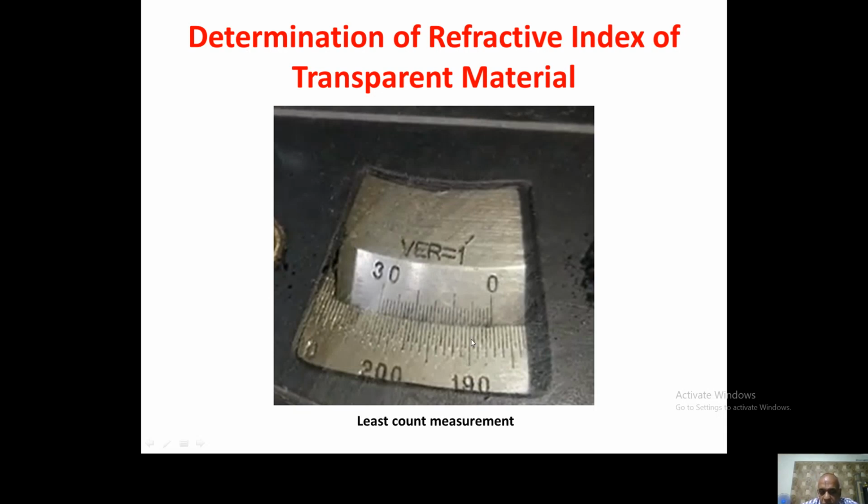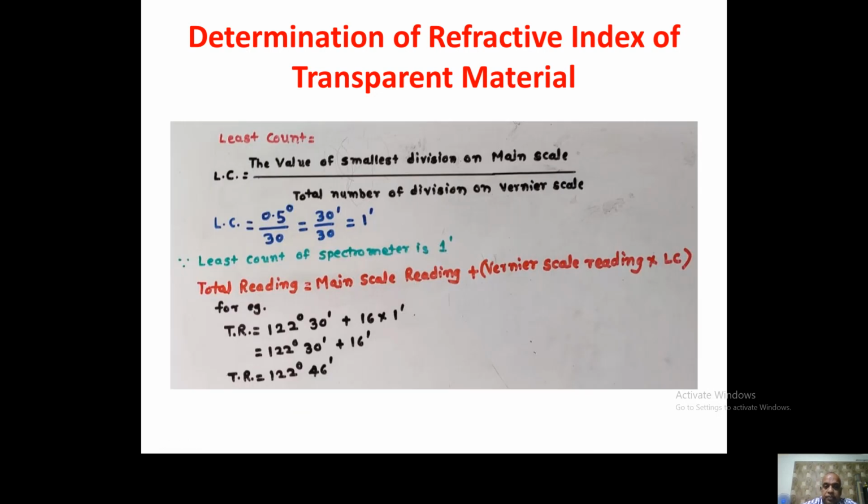Now consider the value of the smallest division on the main scale. Assume this is 190 and here it is 200. Then between 190 and 200 there are 10 degrees and 20 divisions. That means the value of one smallest division is 0.5 degree, that is 30 minutes, and the total number of divisions on the vernier scale is 30. So 30 minutes divided by 30 is equal to 1 minute.